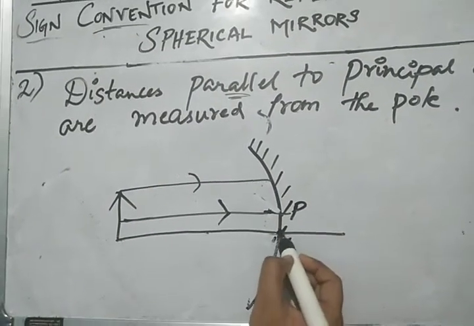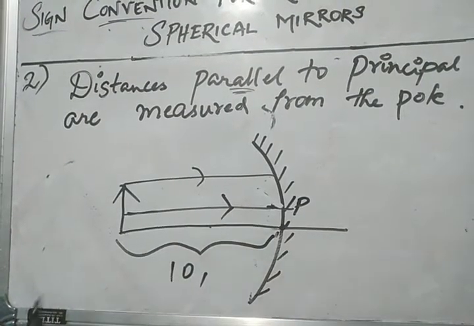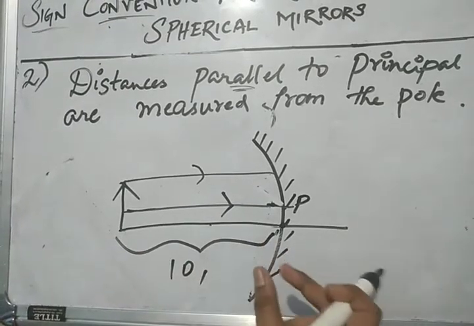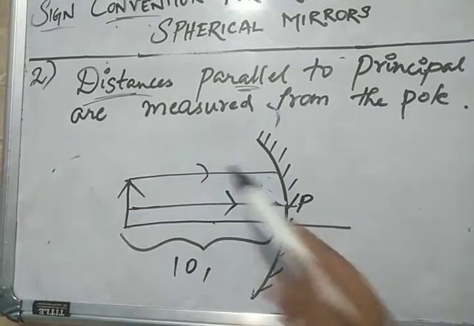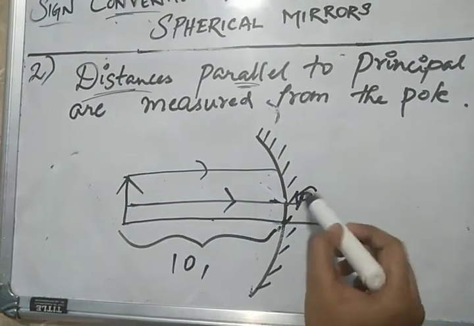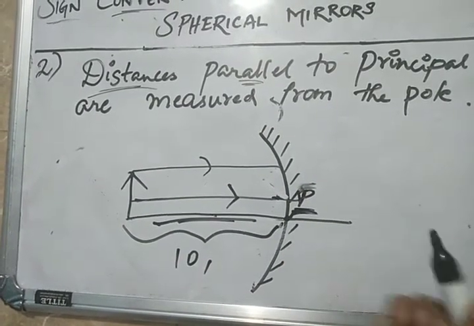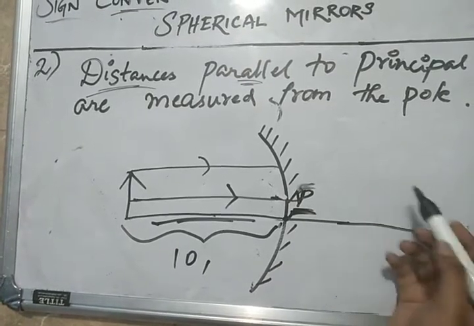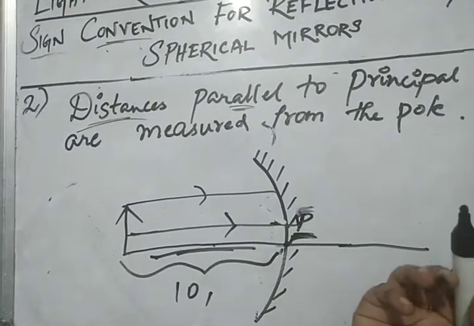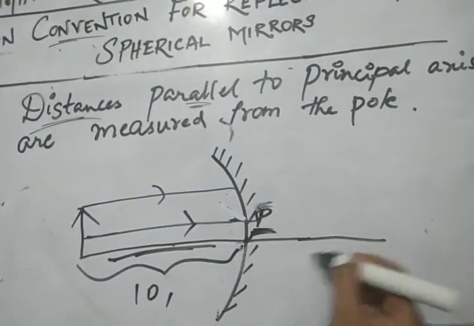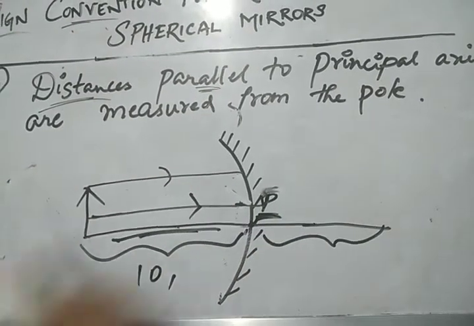Again you measure it from the pole itself, whether it is 10 centimeter or 15 centimeter. Whatever the distance parallel to the principal axis, it is measured from the pole. Even if your image is over here, because objects are always on the left hand side, the image can be on either the left or right hand side. If it is on the right hand side, again you measure it from the pole, because pole is your origin.